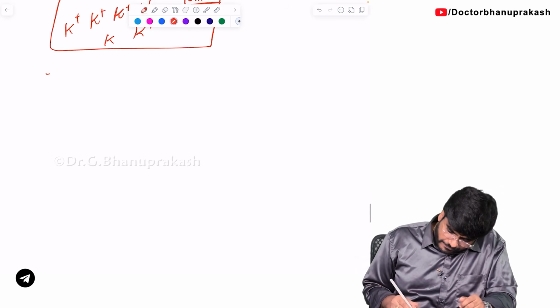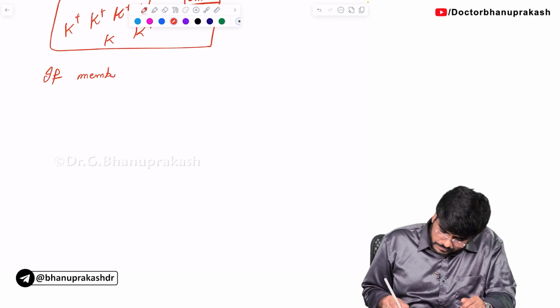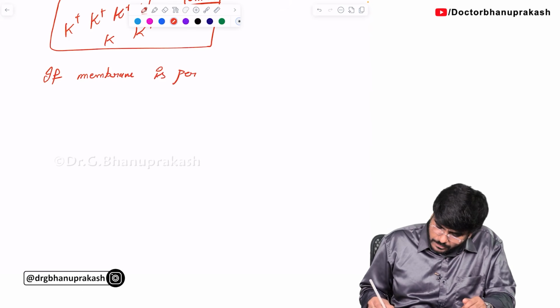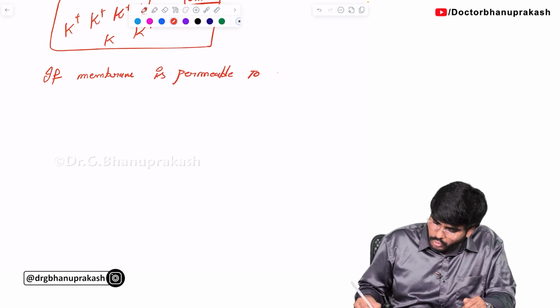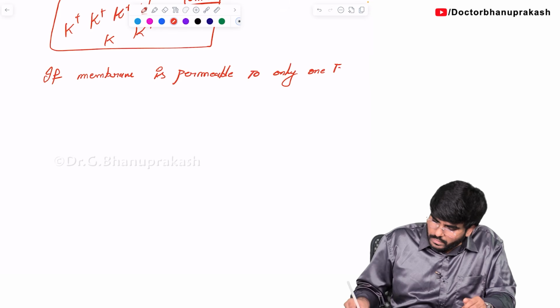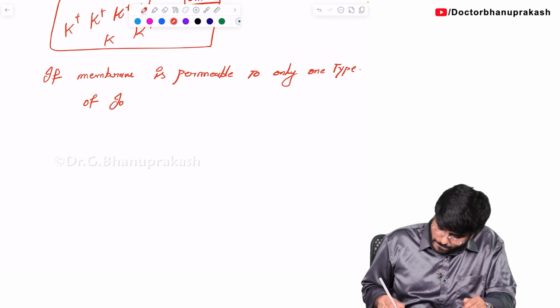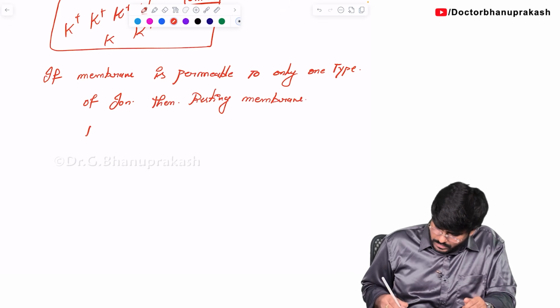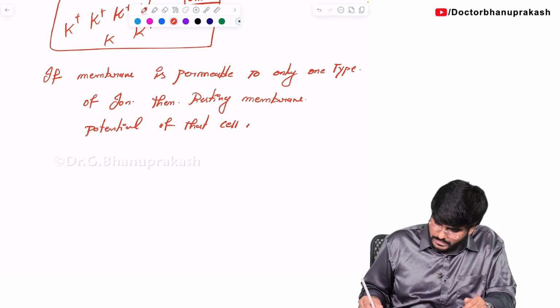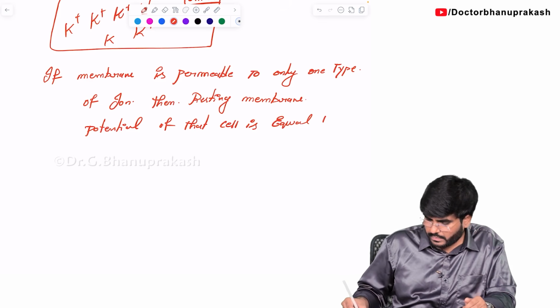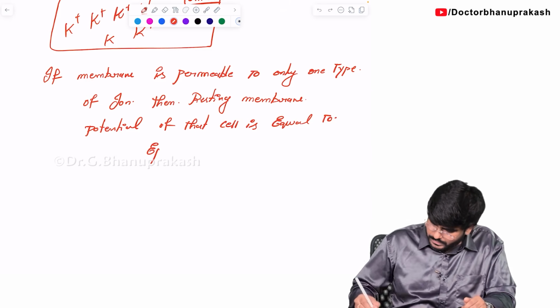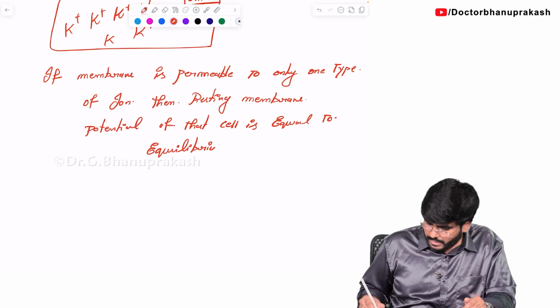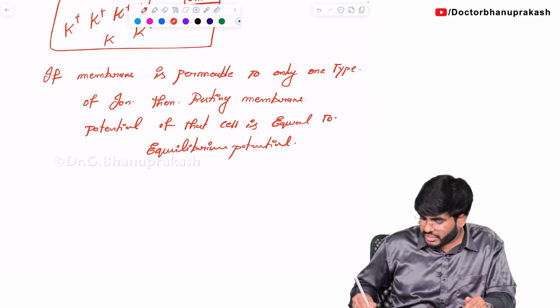So let me write: if the membrane is permeable to only one type of ion, then the resting membrane potential of that cell is equal to the equilibrium potential of that particular ion.